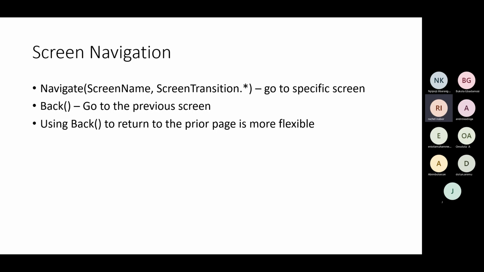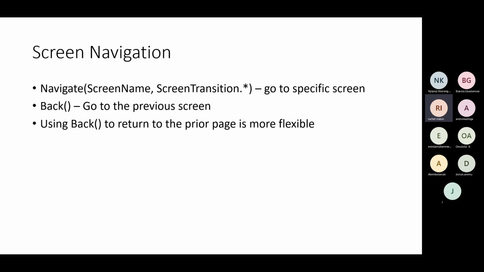So when I sign into my application and it navigates me, I use my Navigate function. It navigates me to my menu screen. When I go to my menu screen and I think, okay, I want to sign in with another account, I can just use my Back function for my icon, which will take me to my previous screen.